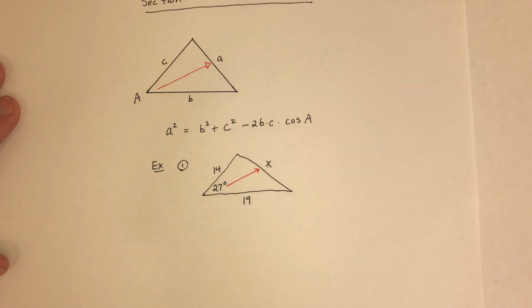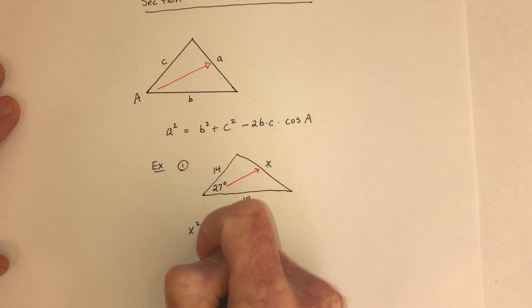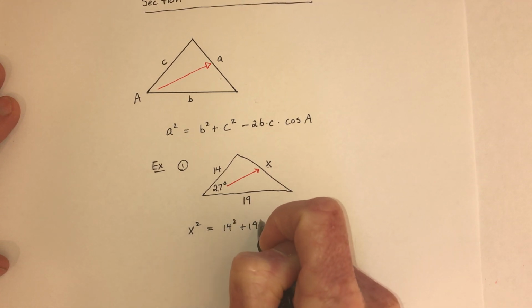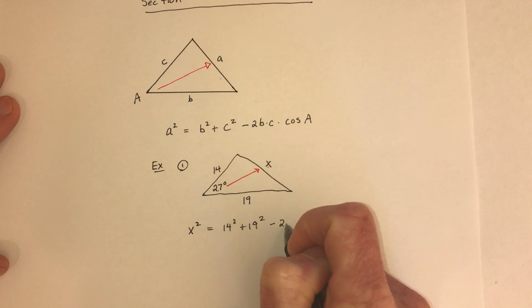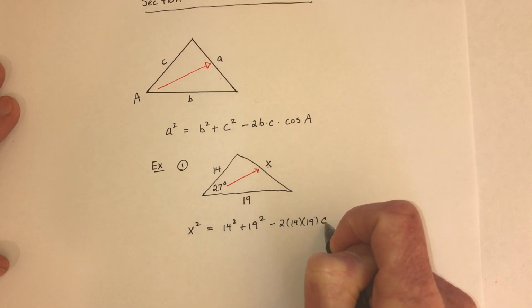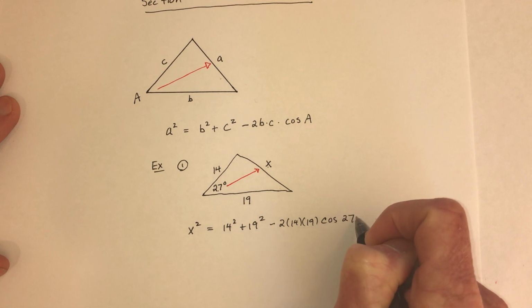And so the formula is going to start with x squared. So it's going to be x squared equals, and then you square the two other sides. Then it goes minus 2 times those two sides, and then cosine of 27 degrees.